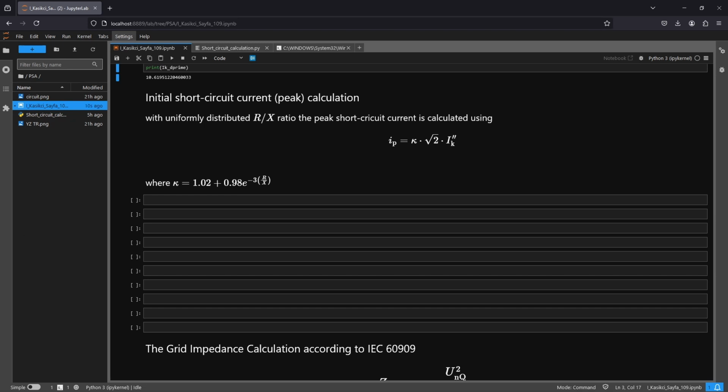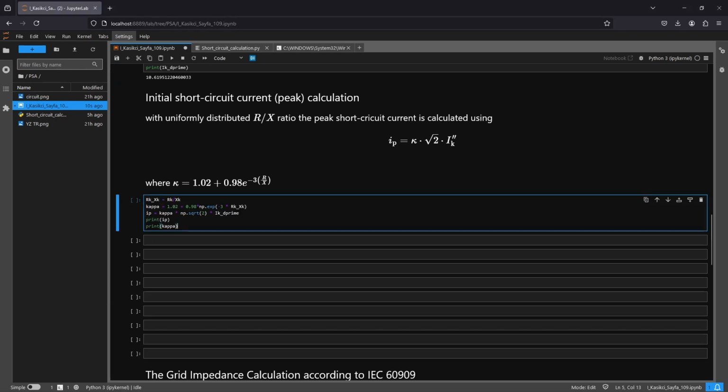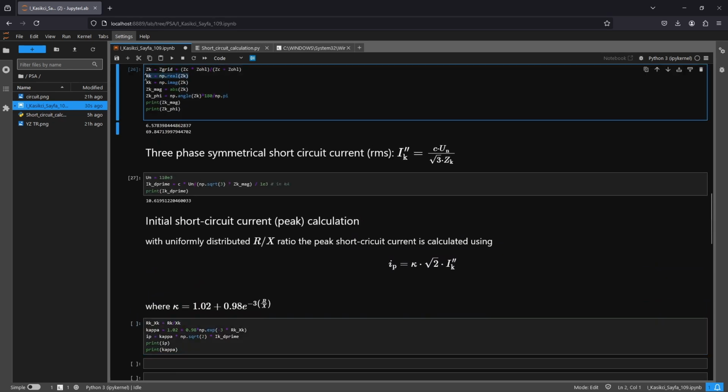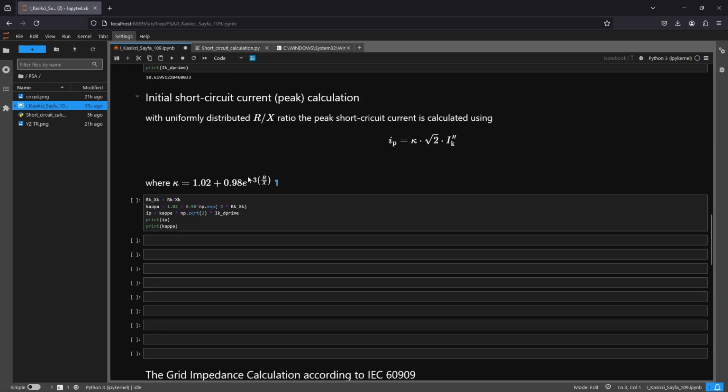To calculate it again, let's define the variables first, or initialize them. RK, XK, I will call them the ratio RK divided by XK. If you remember, we had extracted the values RK and XK already, and then kappa is simply the implementation of this relation here, and IP is equal to kappa times square root of 2 times IK double prime.